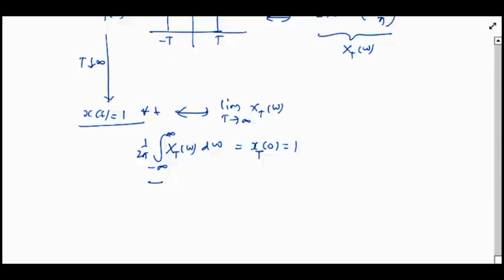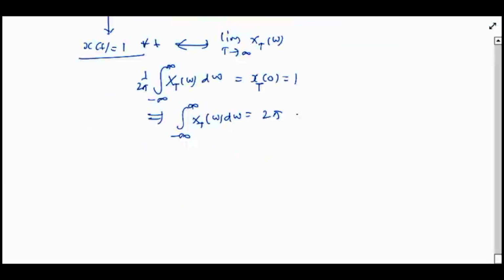So one of the properties of the integral from minus infinity to infinity of X_T(omega) is that this is equal to 2 pi. Let us call this property star, and observe another quite interesting property of X_T(omega), which is the following.